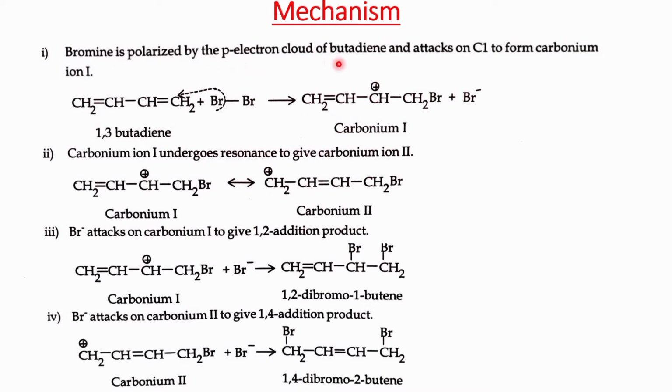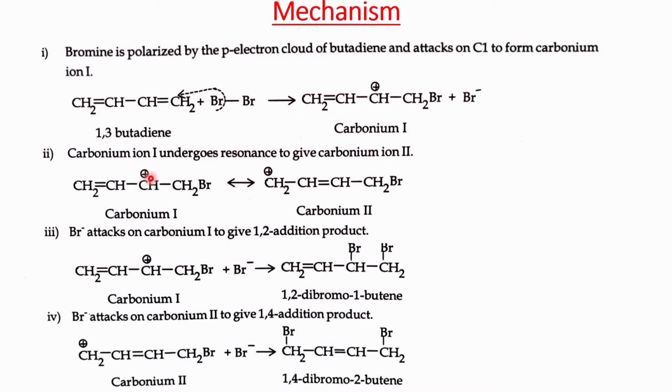This bromine is polarized by the pi electron cloud of butadiene, and it attacks the first carbon to form a carbonium ion. So this bromine is polarized and attached to this first carbon, and this becomes a carbonium ion because positive charge is induced here. This carbonium ion undergoes resonance to give carbonium ion 2.